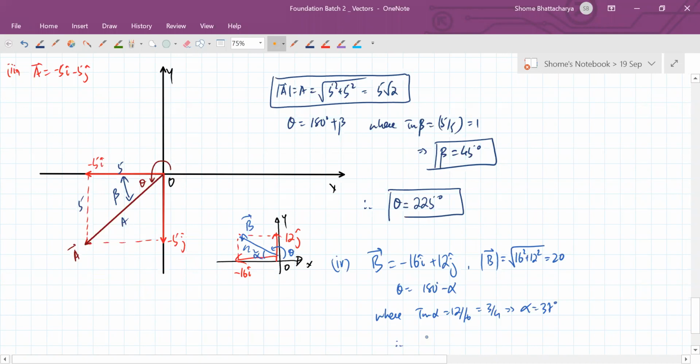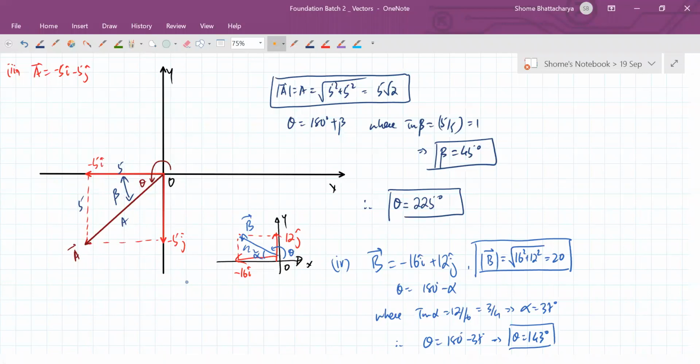So theta is... I've just changed the name of the vector to B so you don't confuse with third and fourth. So this is the method in general. Okay.